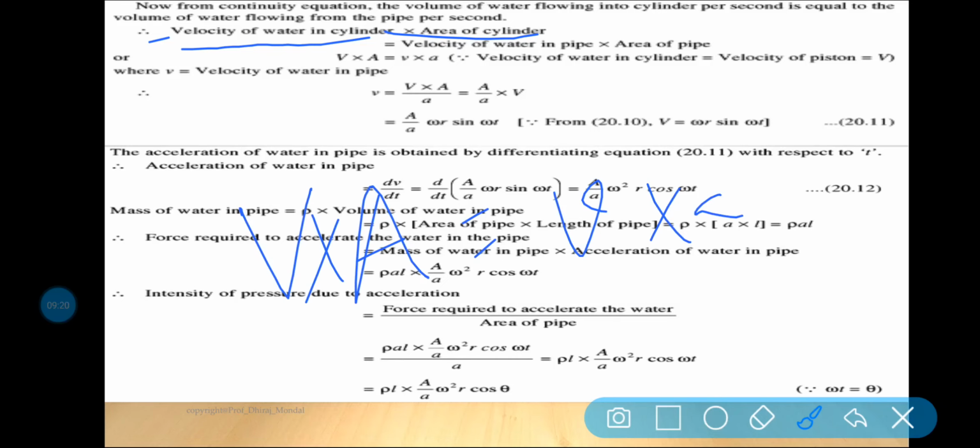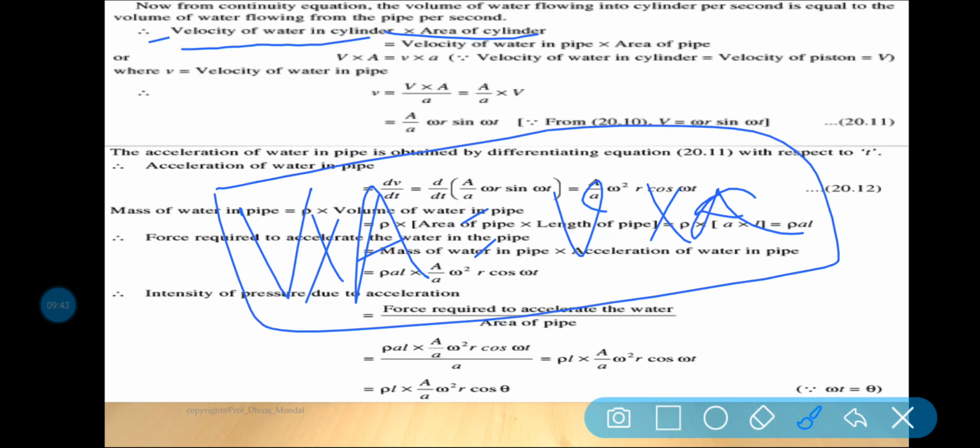Capital A into the velocity of the piston equals small a into the water velocity in the pipe, where a is the cross sectional area of the pipe, which may be the delivery pipe or suction pipe. Now this is nothing but the continuity equation. You know, continuity equation Q is equal to area into velocity. So area into velocity means what?